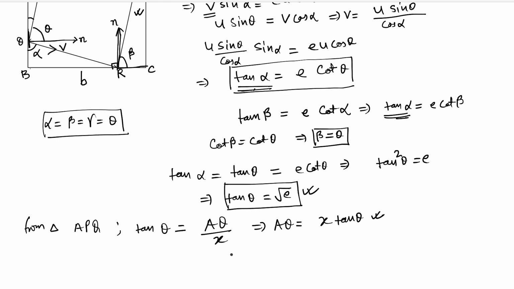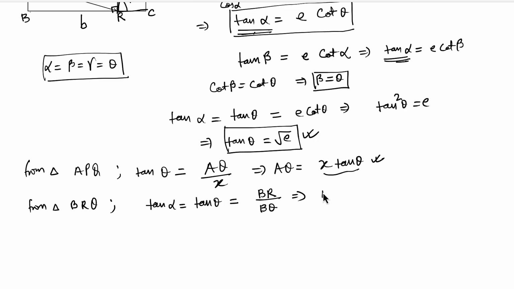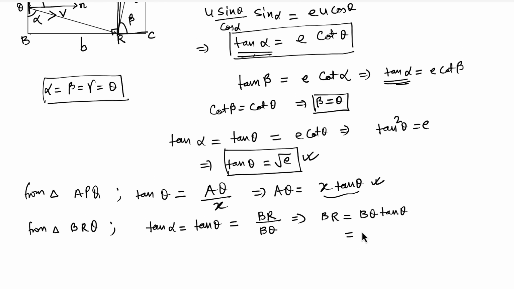Okay, and again from triangle BRQ, tan alpha, which is again tan theta, is equal to BR by BQ. BR is BQ tan theta, and BQ is nothing but A minus AQ, which is x tan theta.